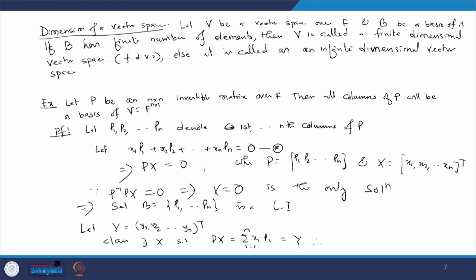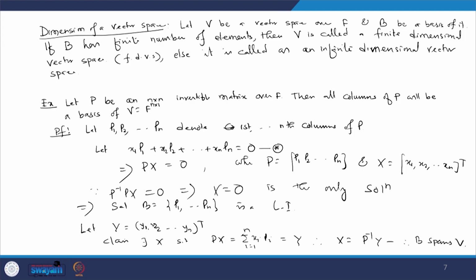Now, P is invertible, multiplying P inverse on both sides, I get capital X equal to simply P inverse Y. So we can immediately find the corresponding n constants x1, x2, ..., xn such that x1 P1 plus x2 P2 plus ... plus xn Pn equal to capital Y. So this means that B also spans.